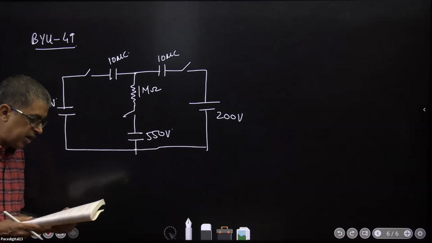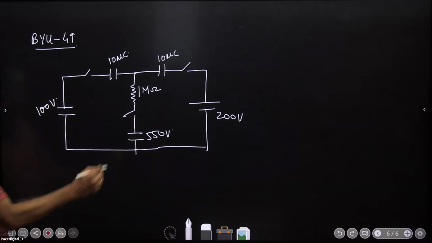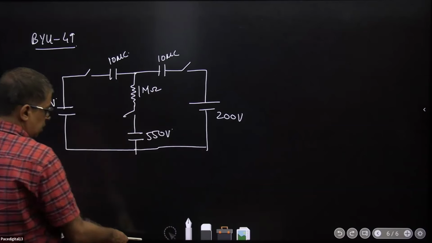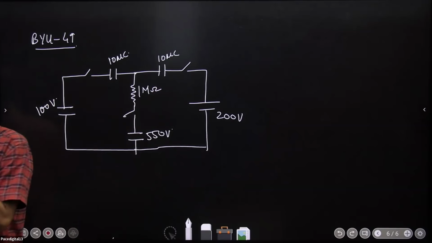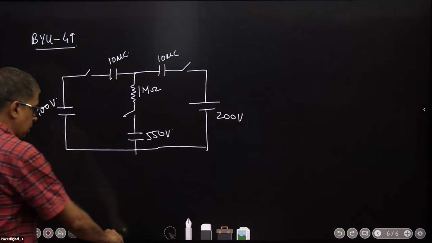There's only one resistor here. So what are the polarities of the batteries? Asking if you could make the terminals identifiable.